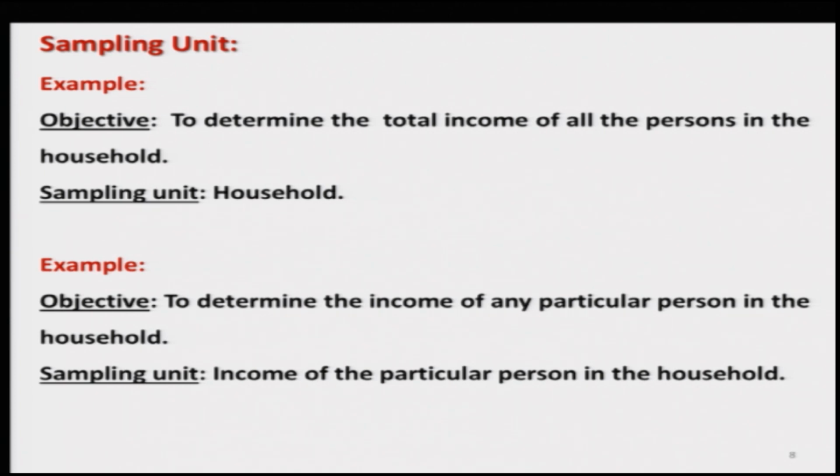Suppose the objective of a survey is to determine the total income of all the persons in the household. Then in that case you have several options: where should you collect your data, whose income should you collect in your data.